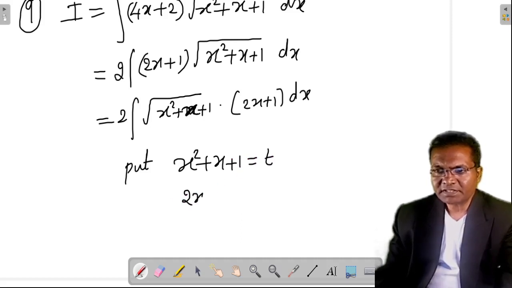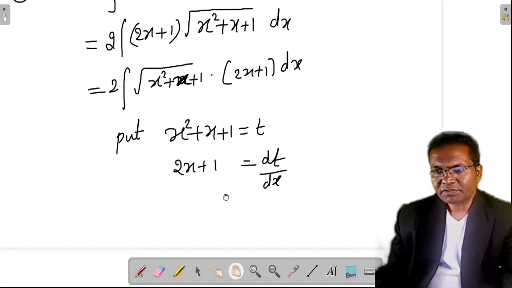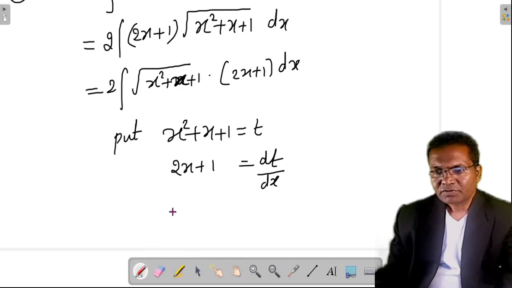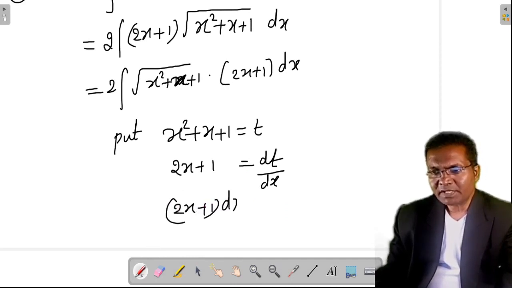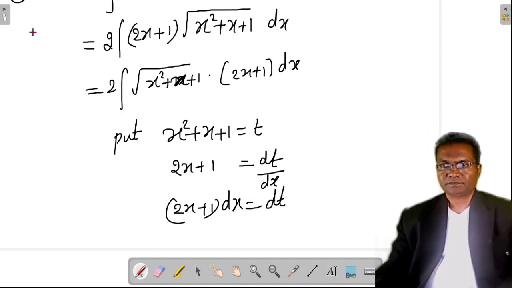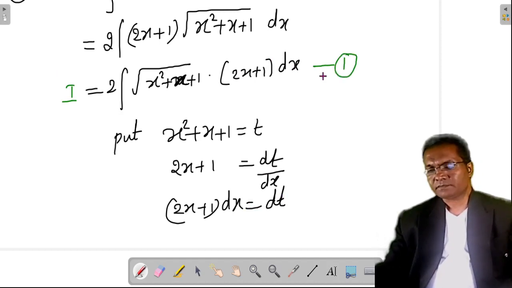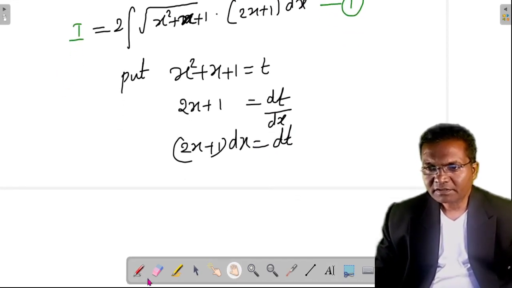Its differentiation is 2x plus 1 is equal to dt by dx. Differentiating with respect to x. So 2x plus 1 into dx is equal to dt. So this is your I, call it as 1. Okay.